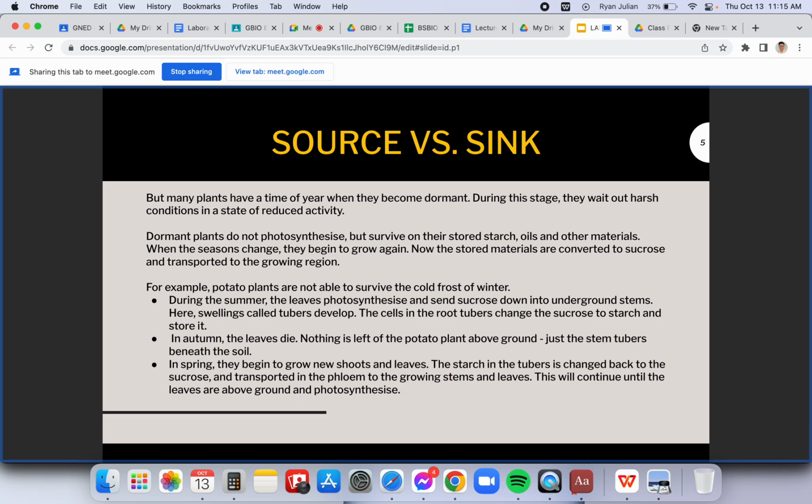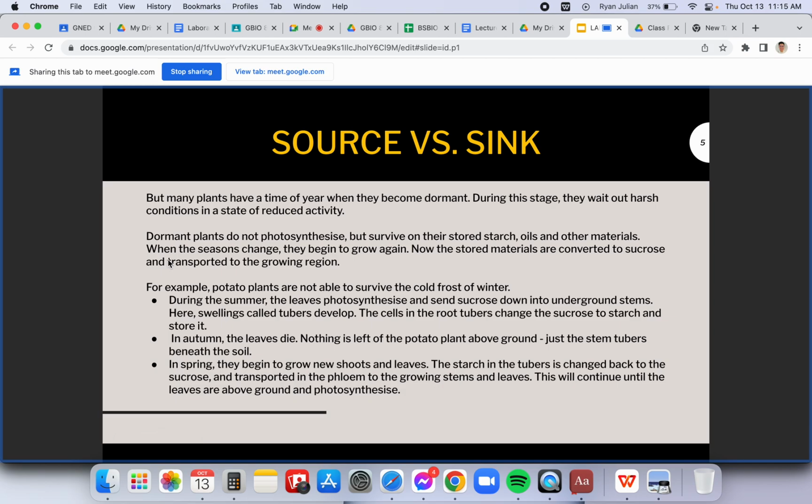Again, making them stagnant or making no progress at all. Dormant plants, on the other hand, do not photosynthesize, but they can survive on their stored starch, oils, and other materials that give them sufficient supply of energy.